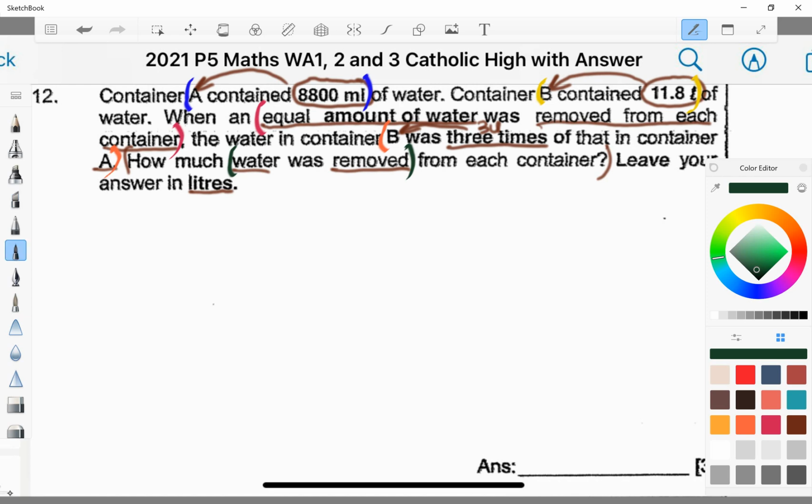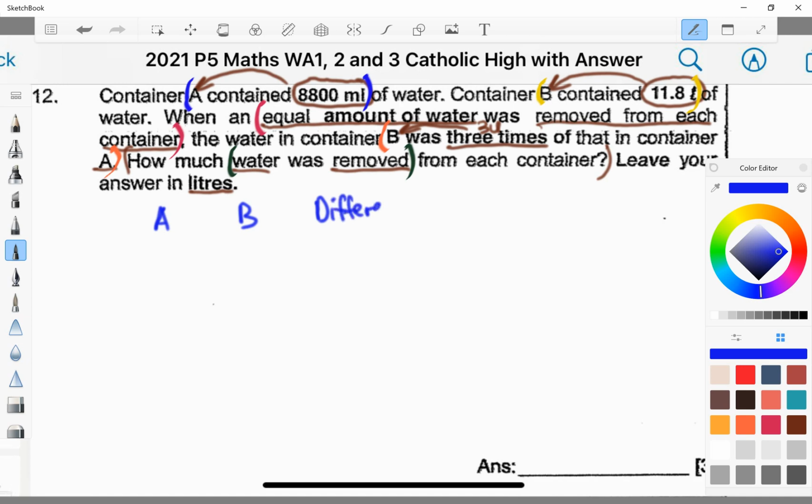So to solve this question, I will use this method called the BCA ratio table, which we have explored in the previous episode, but this is slightly different. As to how different it is, let us find out. So we have A, B, and difference.